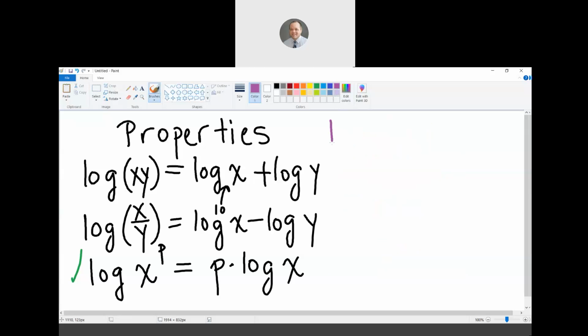First one here, we have log base 5 of x plus 3, and then plus log base 5 of x minus 3 equal to 1.